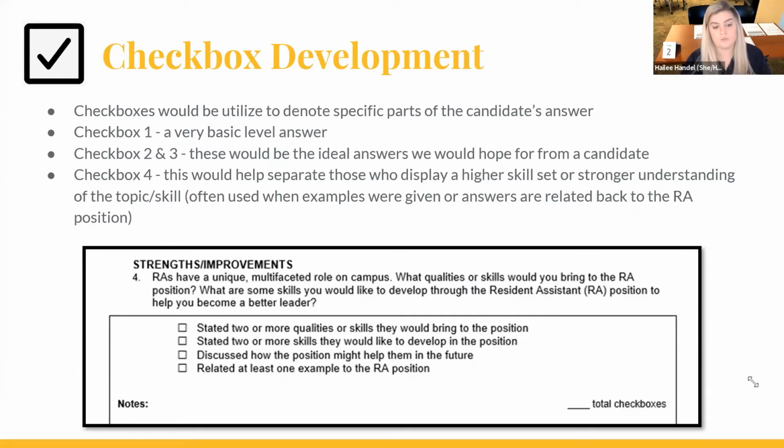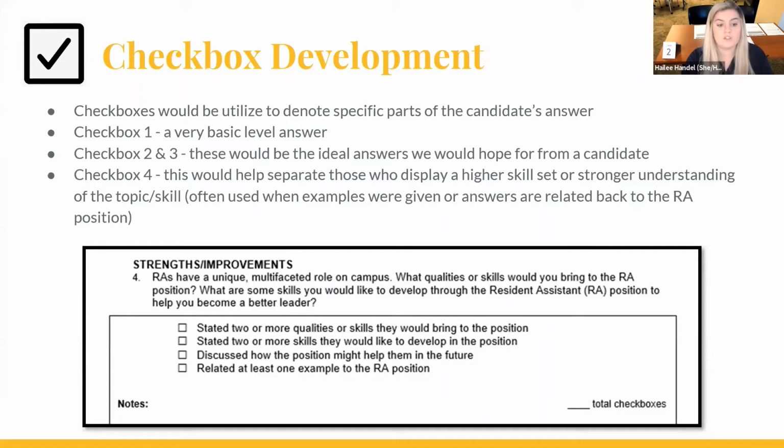And then the third checkbox is discussed how the position might help them in the future, which is tying in what skills you want to develop to help you become a better leader. So if they just stated skills that they want to develop, but they didn't tie it into how that's going to help them progress on and be a better leader in life, then they wouldn't get that third checkbox.